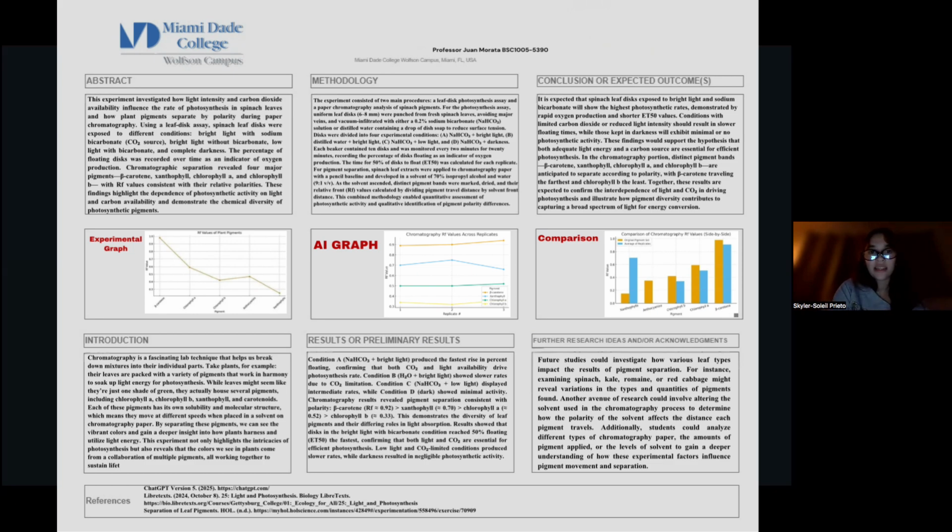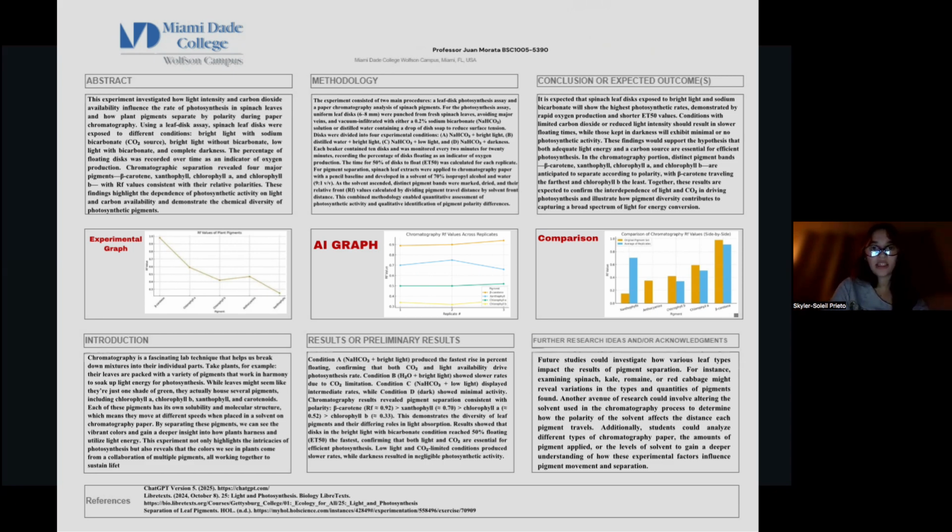For the photosynthesis assay, uniform leaf discs, 6 to 8 millimeters, were punched from fresh spinach leaves, avoiding major veins, and vacuum infiltrated with either a 0.2% sodium bicarbonate solution or distilled water containing a drop of dish soap to reduce surface tension. Discs were divided into four experimental conditions. The time for 50% of discs to float was calculated for each replicate.